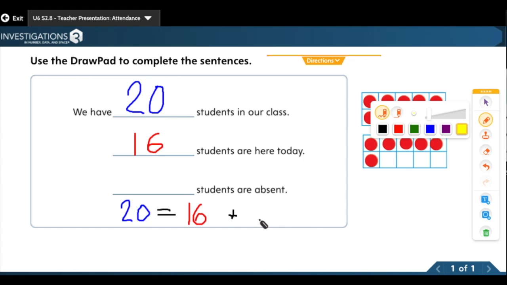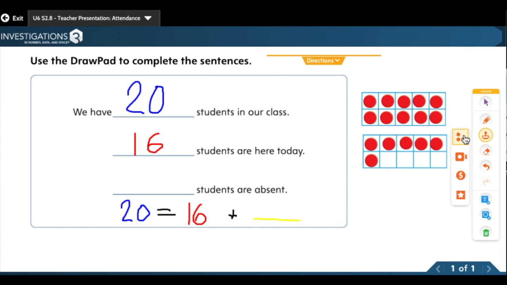Now, I know that 2 tens frames is 20, and I already filled up 16, so I'm going to think, how can I show how many friends are absent?